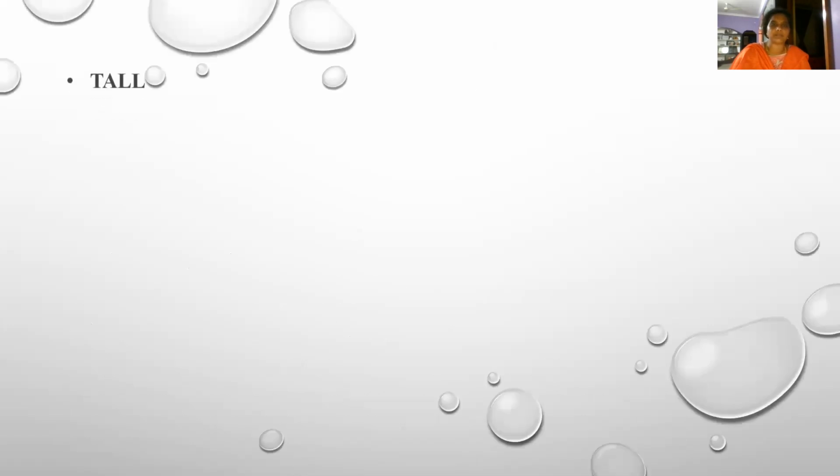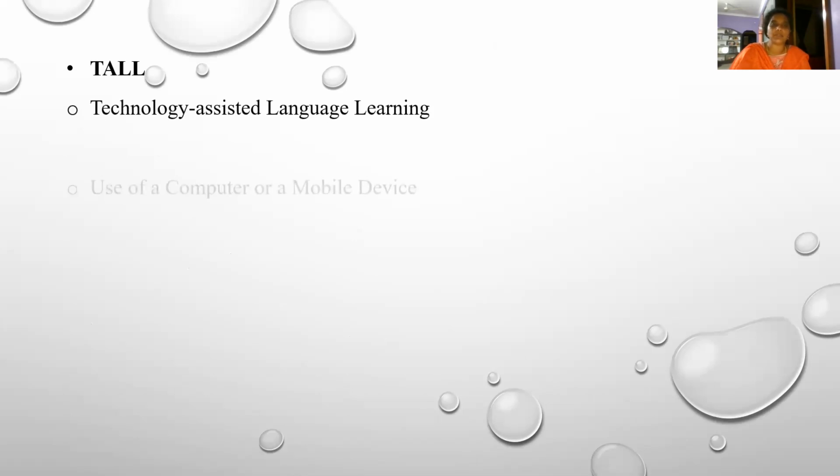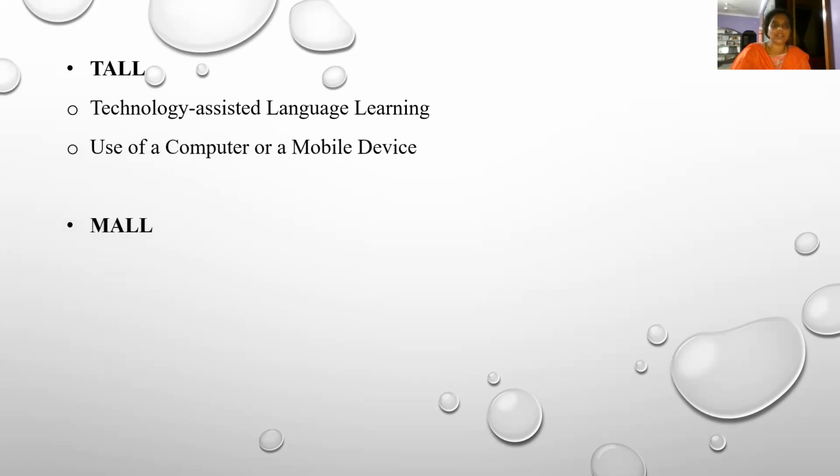Let's move on. Now, how do you expand TAL? This is nothing but technology-assisted language learning, where you use a computer or a mobile device to enhance language skills among the learners. Now, the next term is MALL. What do you mean by MALL? How can you expand this? This is mobile-assisted language learning.